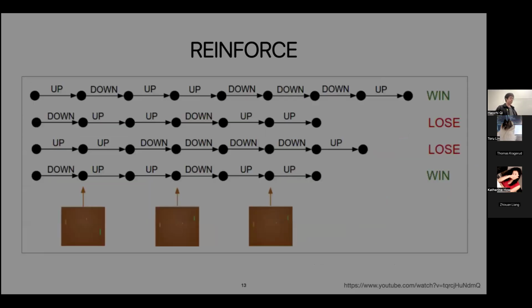So the way we can do that, instead of relying on labels, is to sample a lot of different trajectories from the policy. Imagine you have some policy that is randomly initialized at the beginning, and you collect different trajectories in the environment. Sometimes it gets a sequence of up, down, up, up, down, down, down, and it leads to a win.